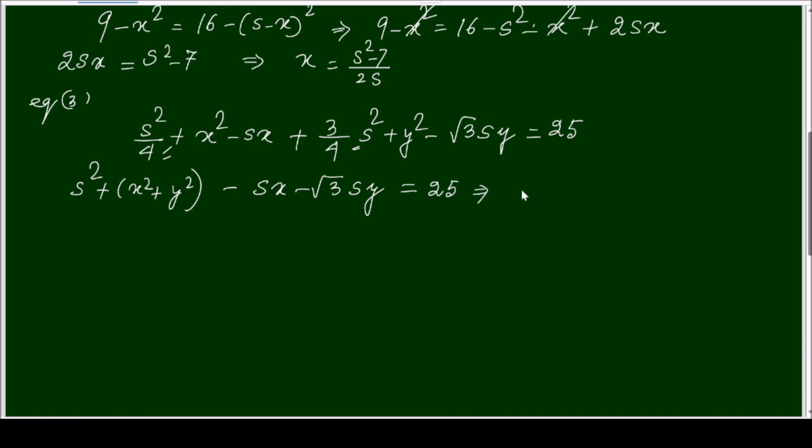This gives me s square plus 9 minus sx minus root 3 sy equals 25, or I'm keeping this root 3 sy on one side, then root 3 sy equals minus 16.